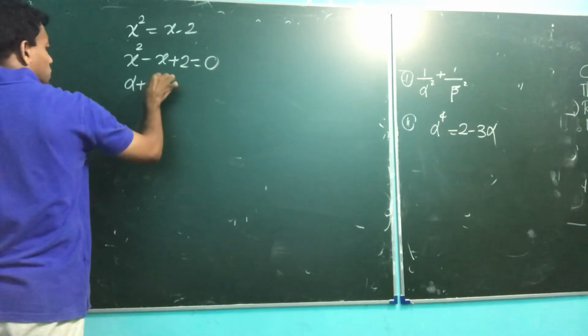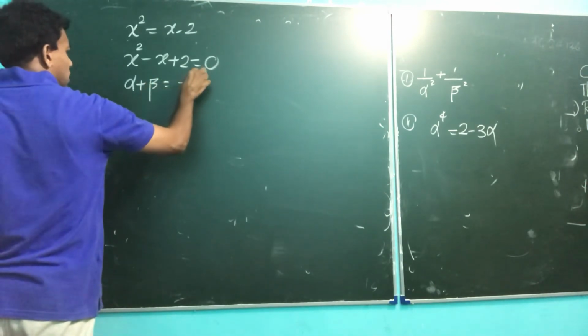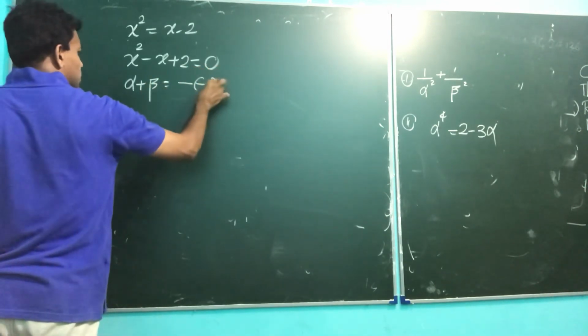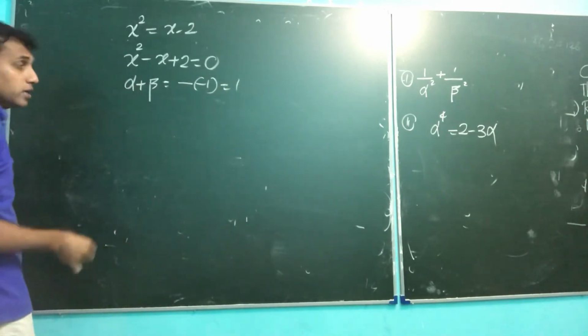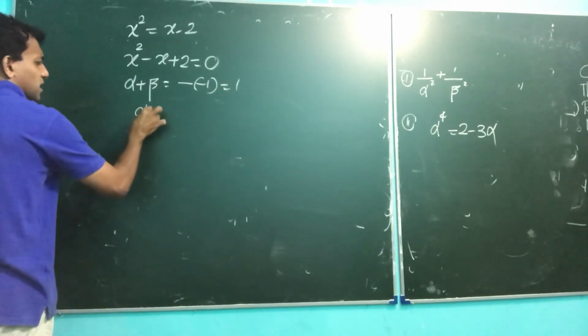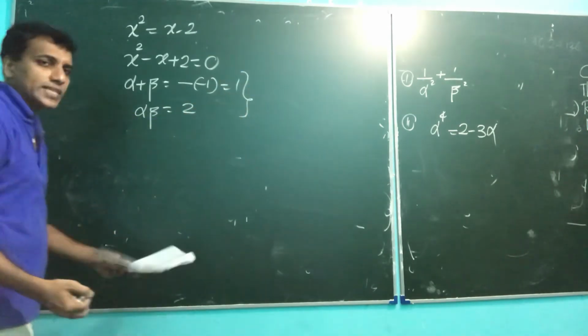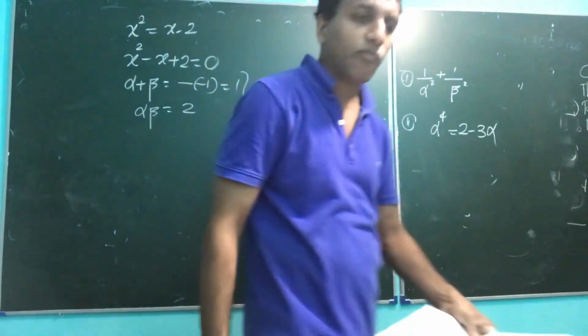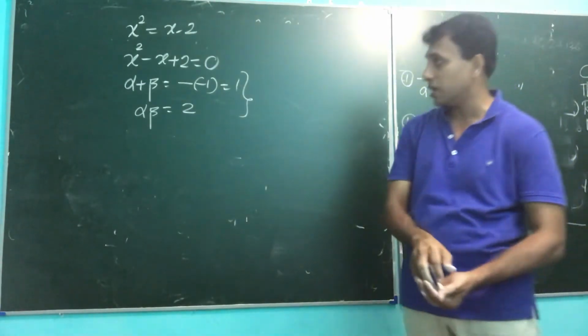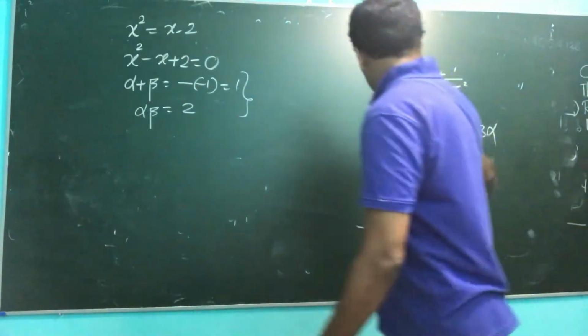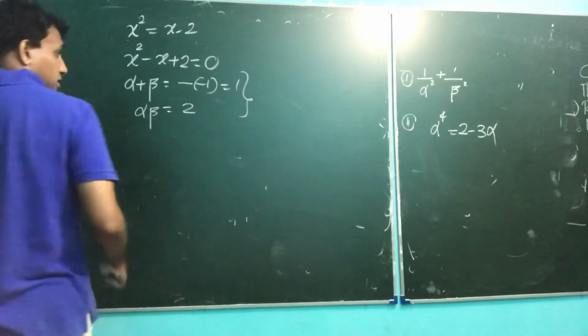Minus b over a, that is 1. Alpha into beta is c over a. Alpha plus beta and alpha into beta. The first part is simple, and we've done it already this morning also.